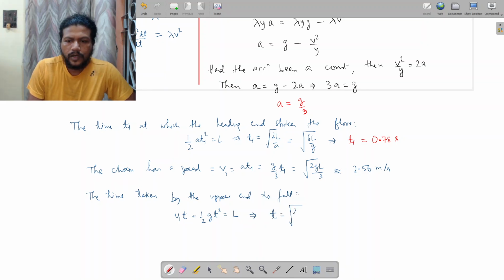Root of twice L upon 3g, which turns out to be in effect 1/3 of the previous time, around 0.26 seconds.